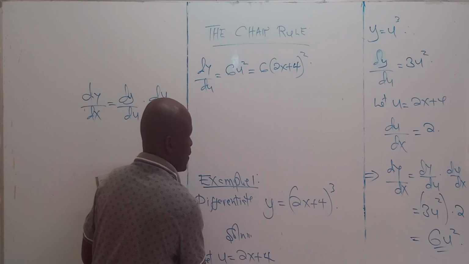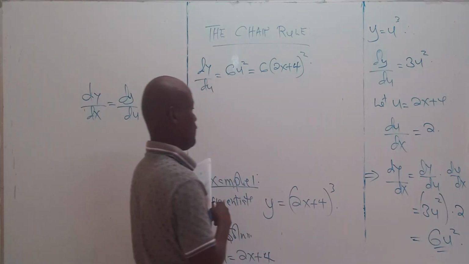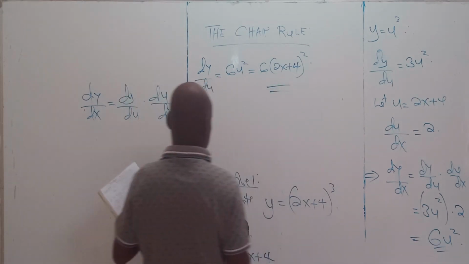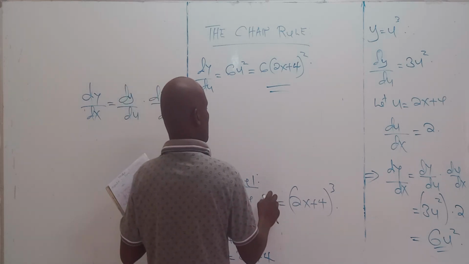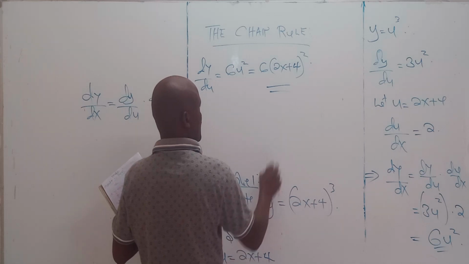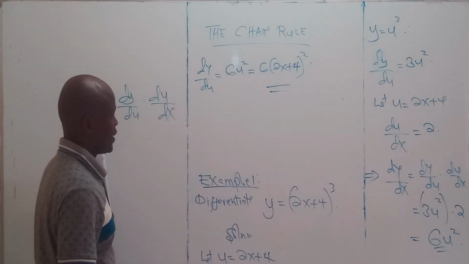So we end up with this as the answer that is required. It means that if you differentiate this, you get this. So that's the answer in that particular case.